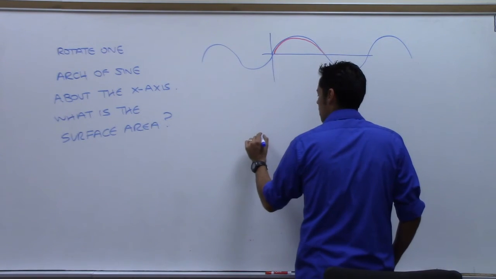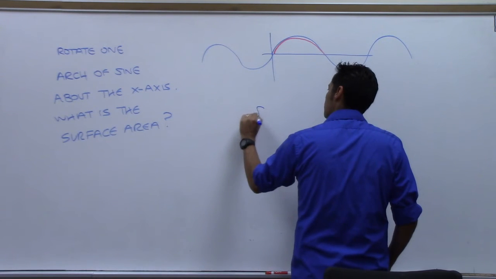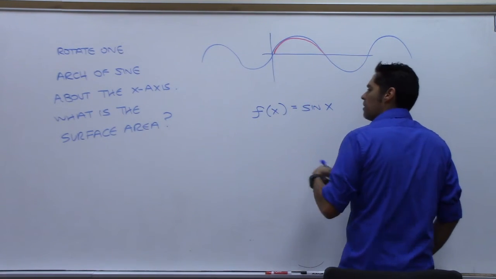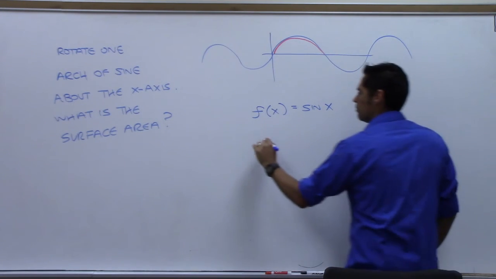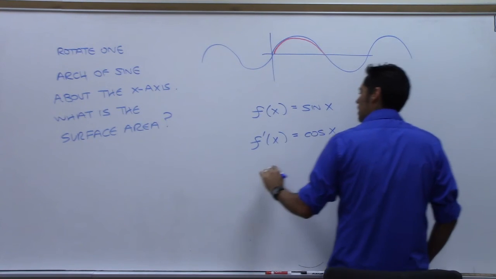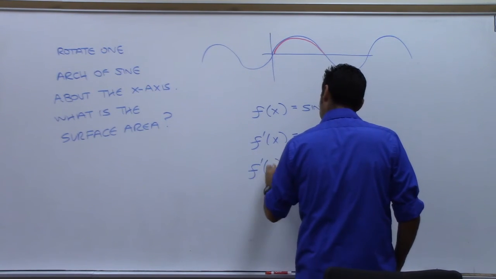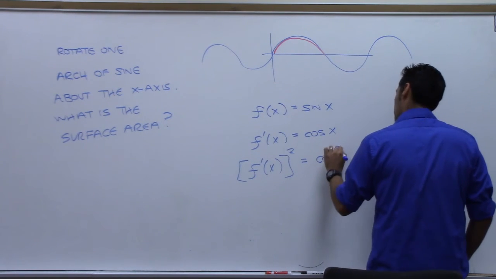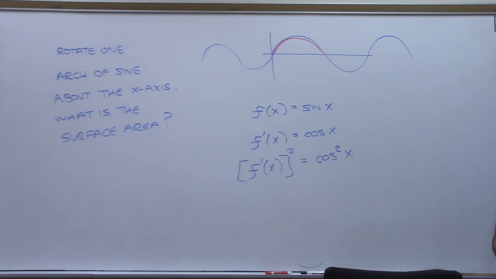So what's the function we're going to use here? Sine x. I'm going to need its derivative. That's nice. I'm going to need its derivative squared. There you go. Okay? That good? And now I'm going to go into the formula.